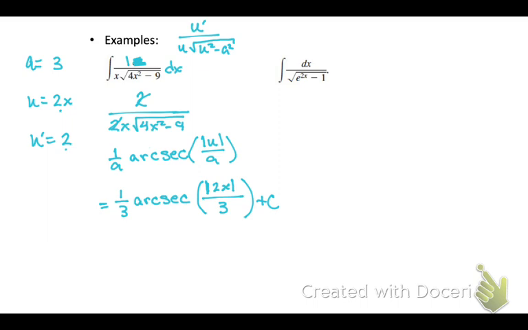So we're going to have the integral of 1 over the square root of e to the 2x minus 1, dx. So what's that one look like? Arc sine. So try it.